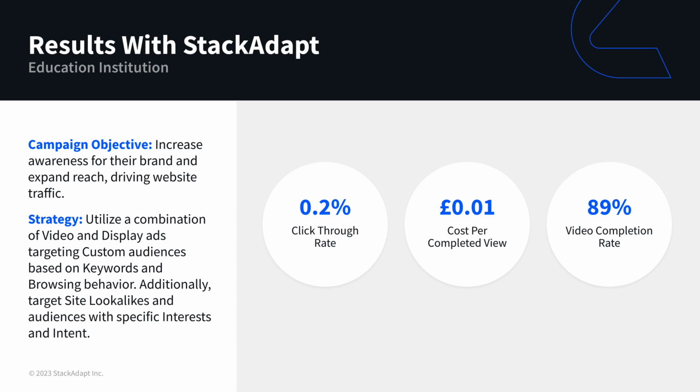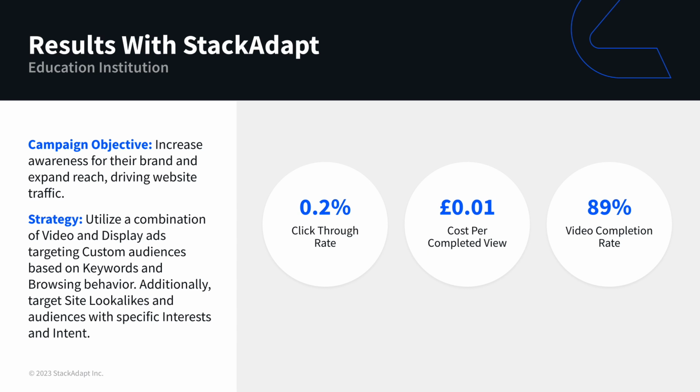We used some of the targeting approaches that we just touched on, such as custom audiences through browsing behaviors, as well as site lookalikes and specific interest and intent. We ended the campaign with outstanding results: a 0.20% click-through rate from a video point of view, an 89% video completion rate with a CPCV of 0.01.